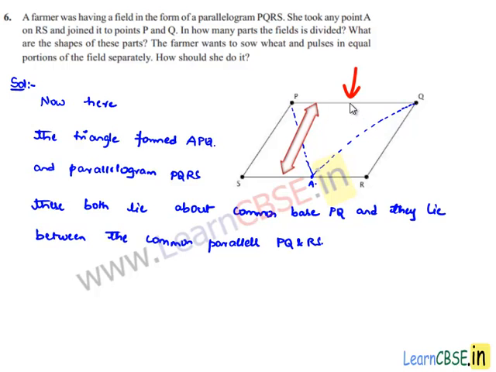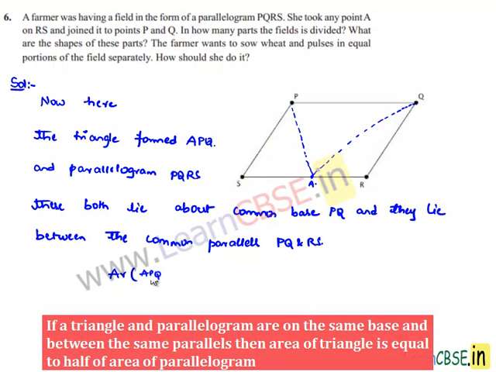We know that if a triangle and a parallelogram lie on the common base and between the common parallels, the area of the triangle will be equal to half times the area of the parallelogram. Therefore, here the area of triangle APQ will be half times the area of parallelogram PQRS.